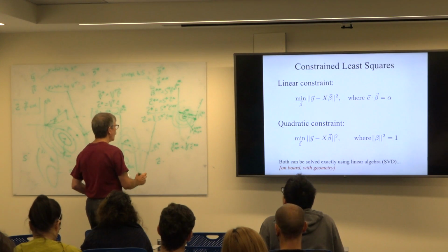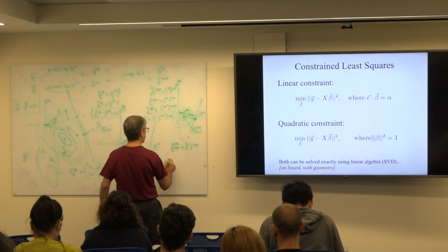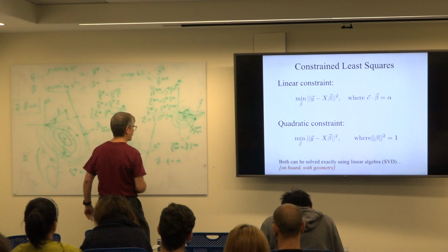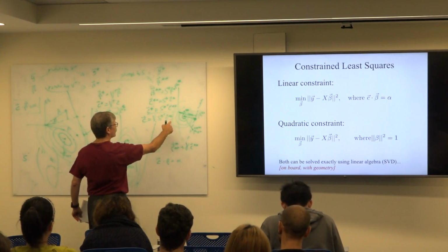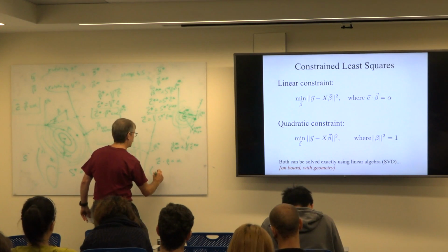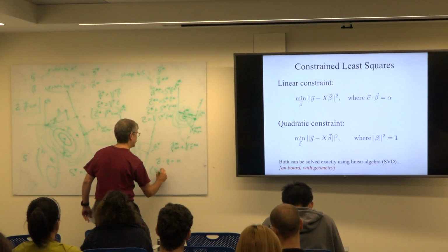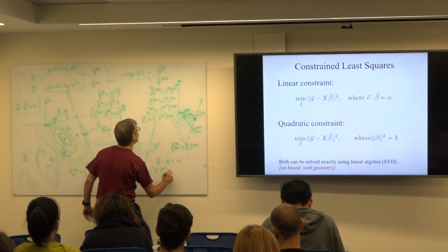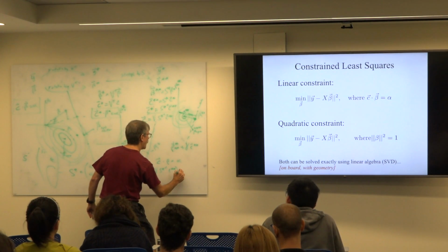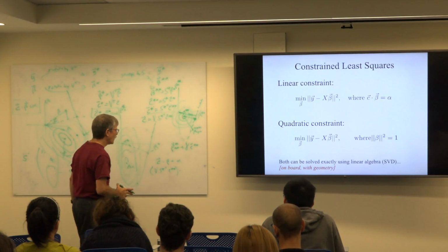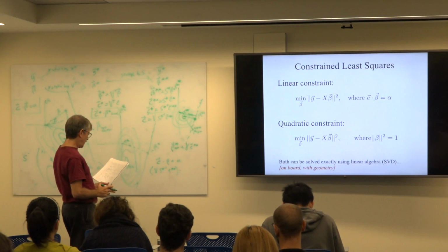No. So we know that C dot beta is supposed to equal alpha. We know that C can be rewritten this way. V S star inverse C double star dot beta.